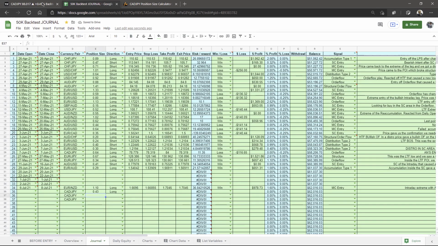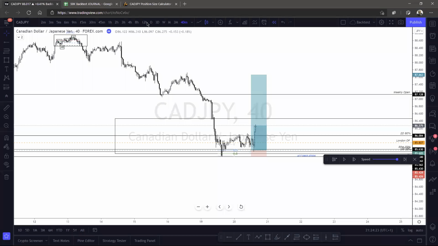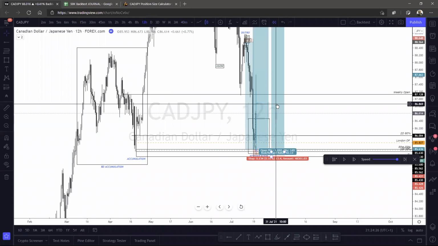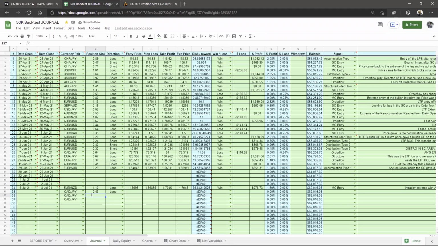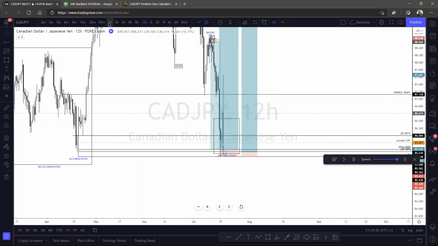Okay, then we have the same thing, but 14 pips. 0.61. Okay, and then this one.